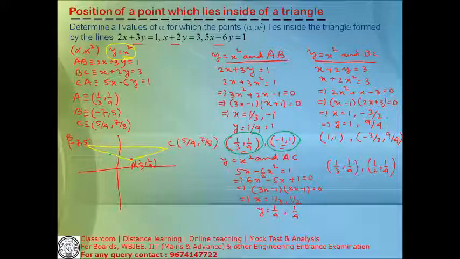Is this clear? Now the parabola is intersecting the line BC at 1 comma 1 and minus 3 by 2 comma 9 by 4. So 1 comma 1 is somewhere here.